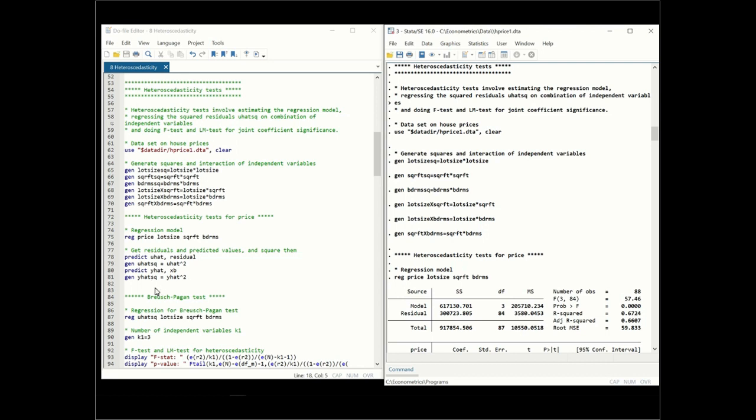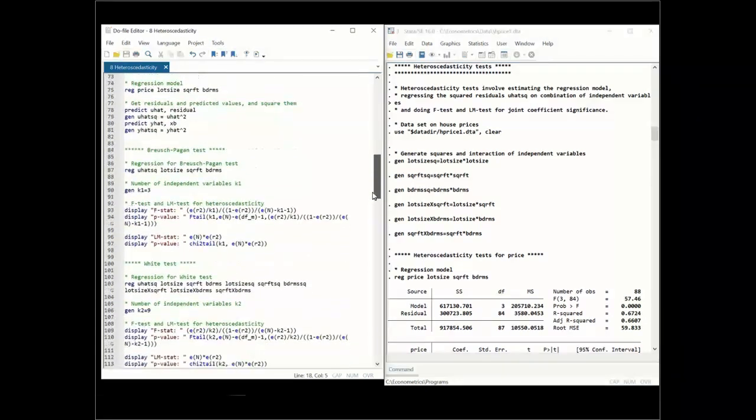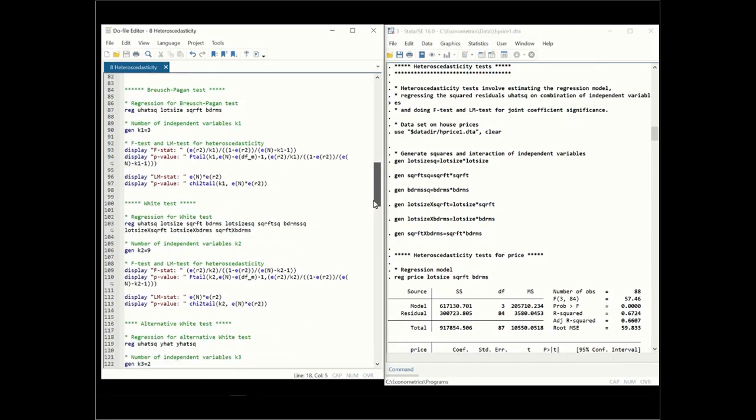I would also generate the predicted value y hat, and xb basically picks up the predicted or the fitted values. And then I would be generating a squared variable, y hat squared, which is y hat to the power of 2.